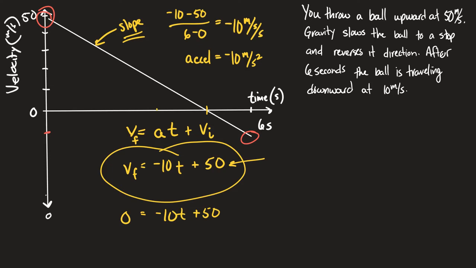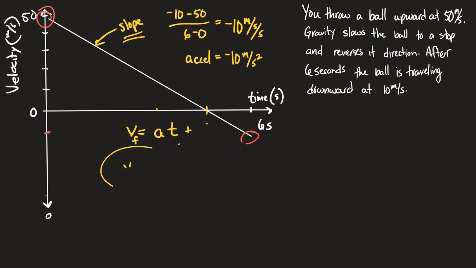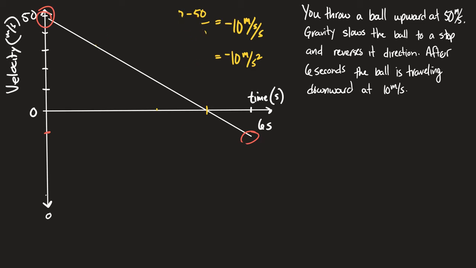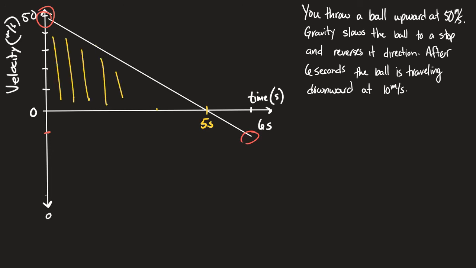Now, to figure that out, you need to remember something else we talked about yesterday. For those of you who remember, go ahead and work it out. For those of you who don't, suffer for just a minute while I prepare. If I want to know where it is, the first thing I probably should do is consider the displacement of the object, which is the area under the curve.